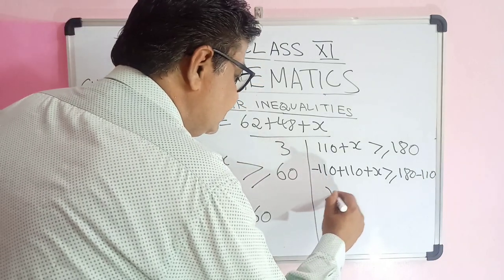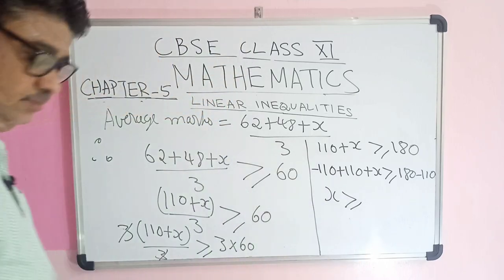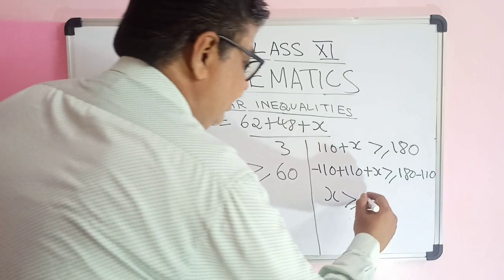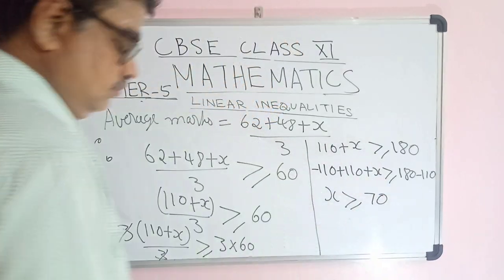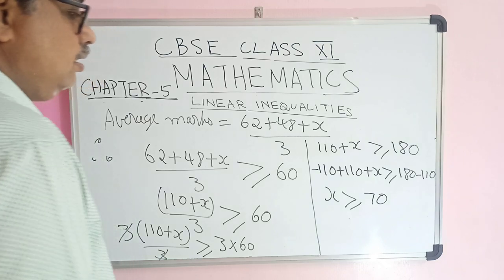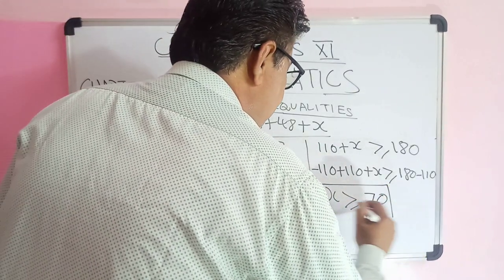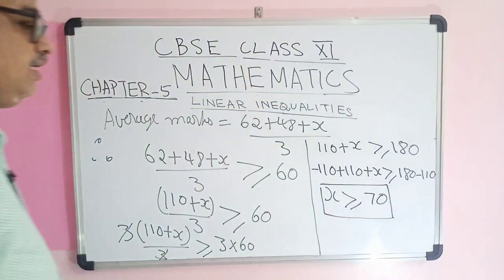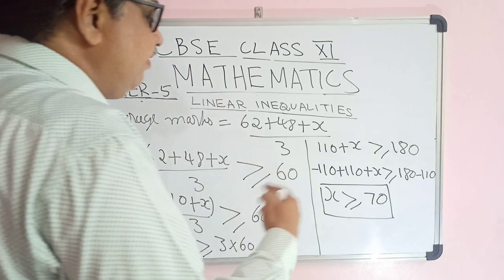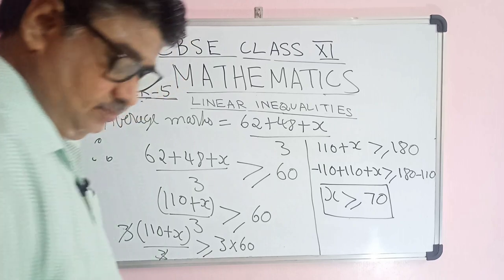So it becomes x greater than or equal to 70. Therefore, the student has to get a mark of at least 70 and above in the annual examination to get an average of 60.